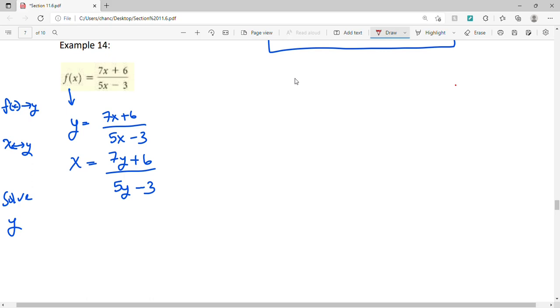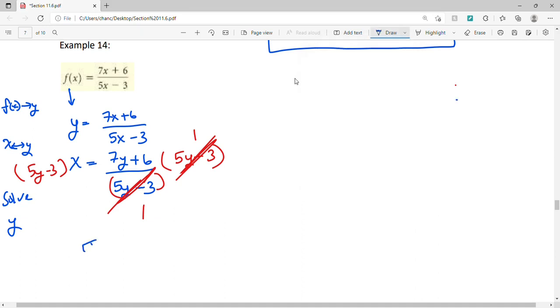To do that, we'll get rid of this fraction, multiply the right side by 5y minus 3. And on the left, we do the same thing. We multiply by 5y minus 3 on the left. And that is going to reduce the right side so we don't have any more fractions.